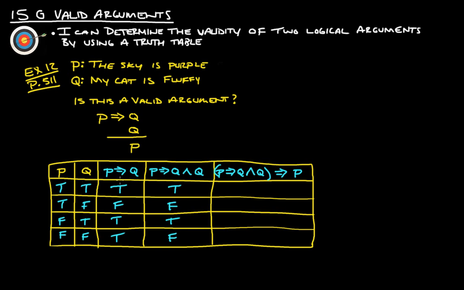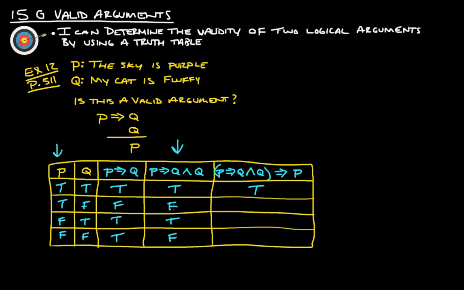We're going to ignore these two columns and just look at this column and this column. Again, we start with this column. Does that imply this? True to true, that would be true.